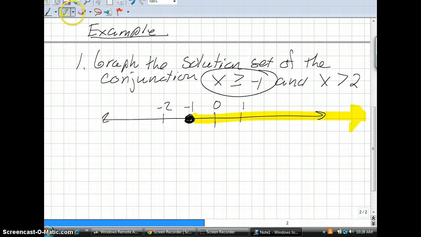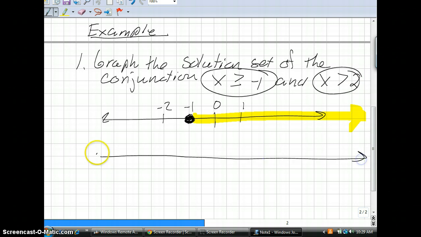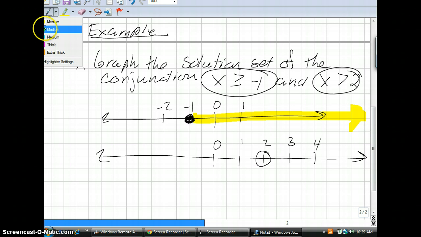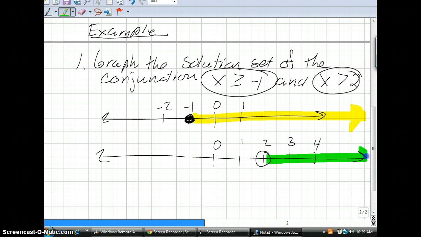So that's a picture of that solution. Then if I look at this one, here's 0, here's 1, here's 2, here's 3, here's 4. x greater than 2 would be an open circle here and an arrow going this way.